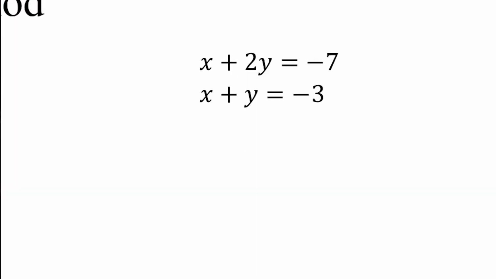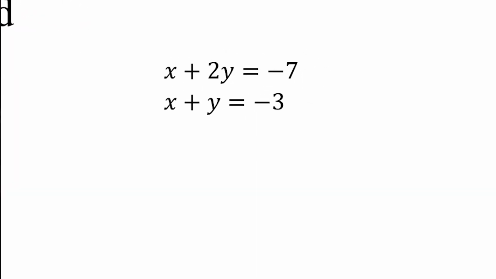So if we look at these two equations, what you'd want to do is solve for one of your variables. You have three choices here. These three would be pretty easy to solve for. I personally would not choose this one because you have to think about what's going to happen. When you solve for y, you're eventually going to have to divide by 2, which could create some fractions, which we don't love.